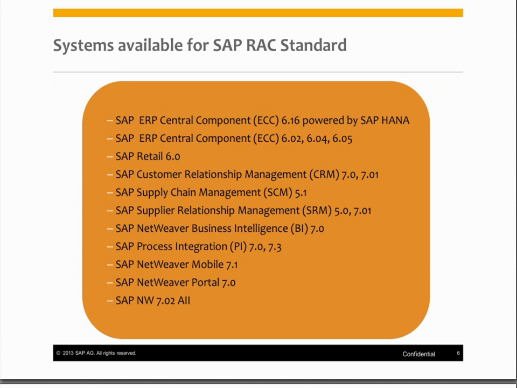The current portfolio and future portfolio is always listed on the RAC homepage that is available on SAP's community network, and later on in the presentation I will also show you where to locate this site.